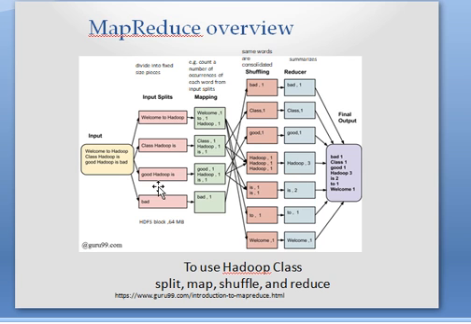Basically, in principle, we divide the data into smaller pieces, often into fixed size pieces. For example, in this case, they divide into 4 splits. The first one contains this part, the second one contains this part, the third split contains this part, and the last split contains one word.